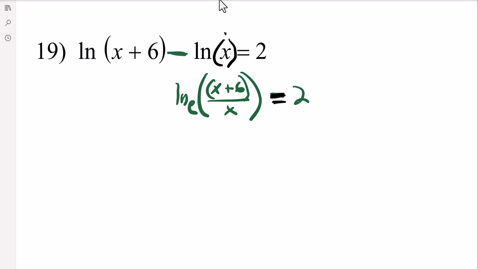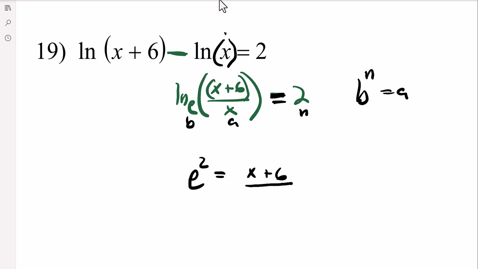So this, we're going to rewrite as an exponential. This whole parentheses is an argument. Here's your base. Here's your exponent. So e squared is equal to x plus 6 over x, b to the n.